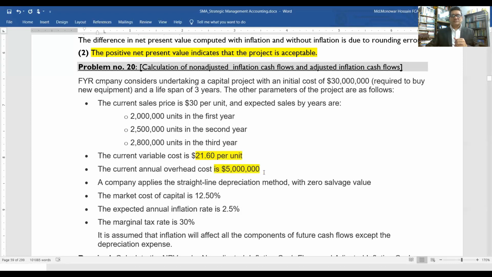The company applies the straight line depreciation method and zero salvage value. The market cost of capital is 12.5%. The expected annual inflation rate is 2.5%. The marginal tax rate is 30% for this company.